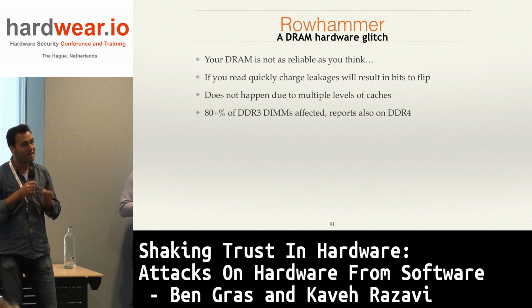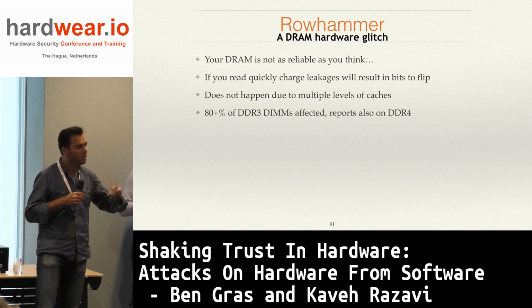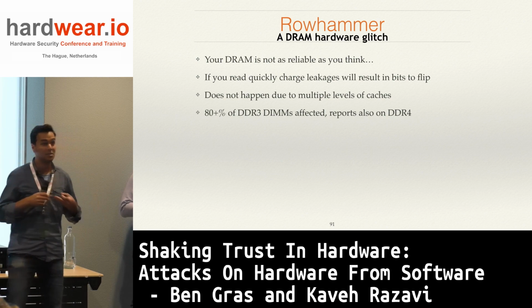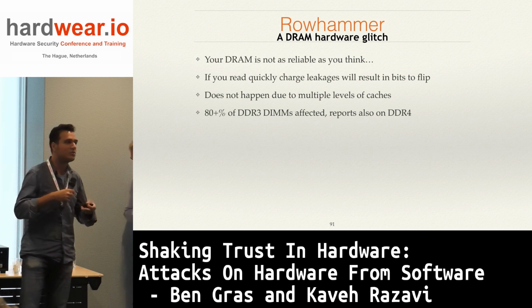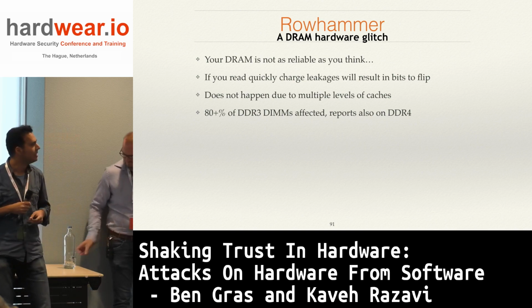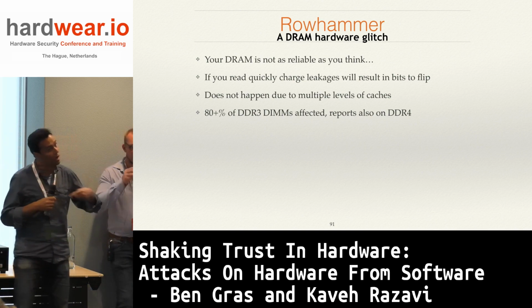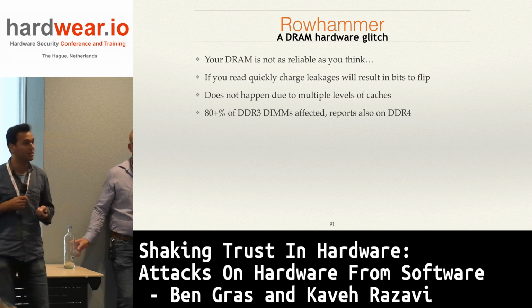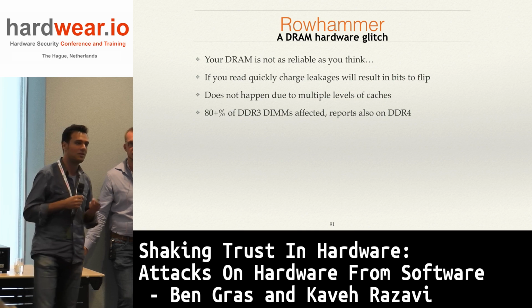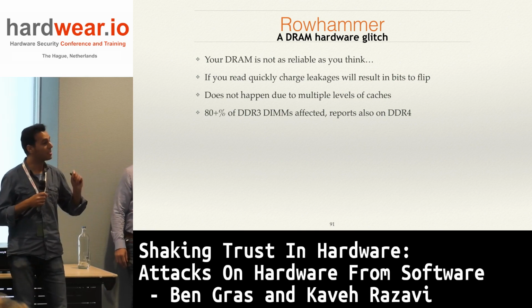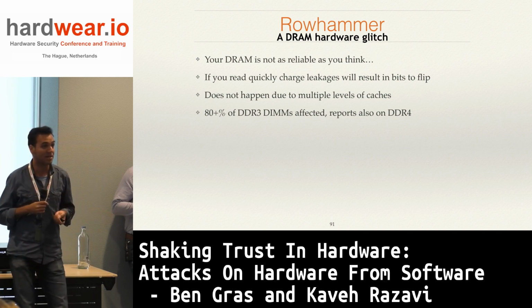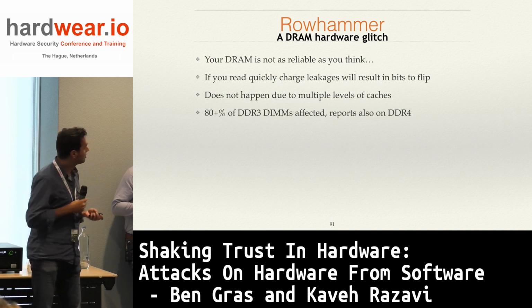If you read very fast, the DRAM cannot keep up with refreshing, because DRAM is a dynamic memory, so it needs to be recharged every time. It's not stable. If you read fast enough, enough charge will leak that suddenly your 1 becomes 0. And this has huge security implications, right? If you can change a bit from 1 to 0 somewhere in memory that you don't have access to, this has bad implications.